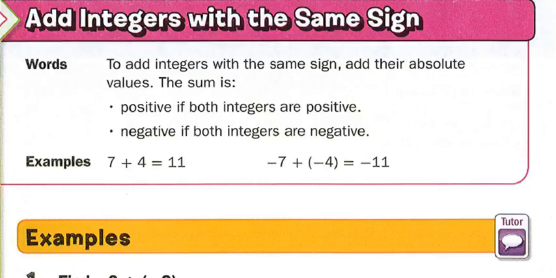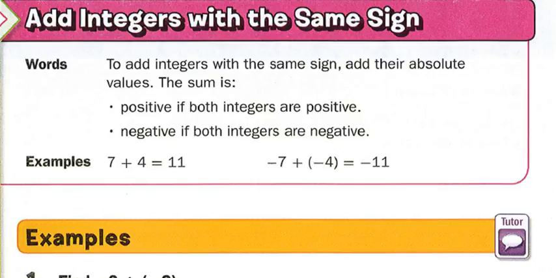So when we add integers, there's two scenarios we're going to have. We're either going to add integers that have the same sign, or we're going to add integers that have different signs. So first, let's look at adding integers where they have the exact same sign. So in this case, they could both be positive or they could both be negative. It says to add integers with the same sign, add their absolute values.